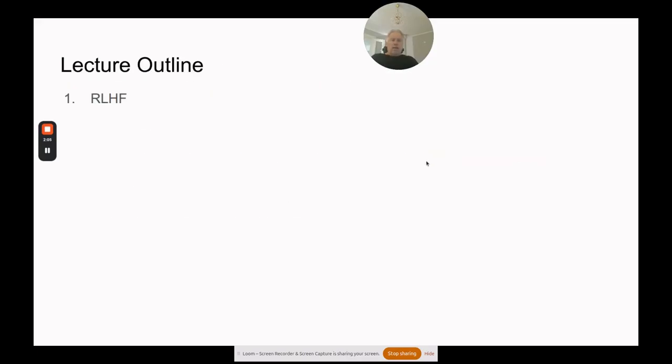Okay, so the lecture outline is we're going to first start with RLHF. Then we're going to refresh on what reinforcement learning gave us, and then we're going to talk about generating a reward model, a model that determines rewards from a corpus of preferences. So a large corpus that we've collected about human preferences to make things safe and helpful.